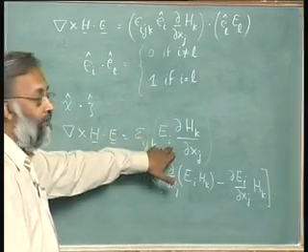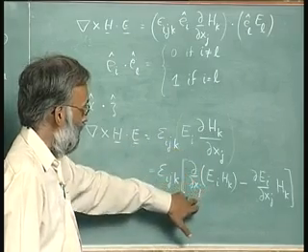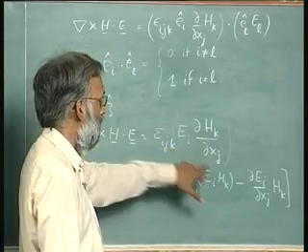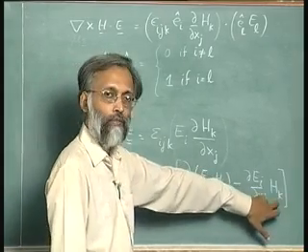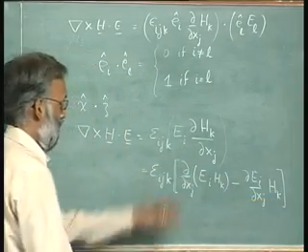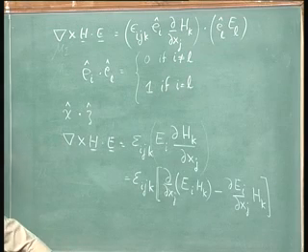This is nothing but differentiation of a product: the first term times the derivative of the second term plus the derivative of the first term times the second term. So, it's your differentiation rule.